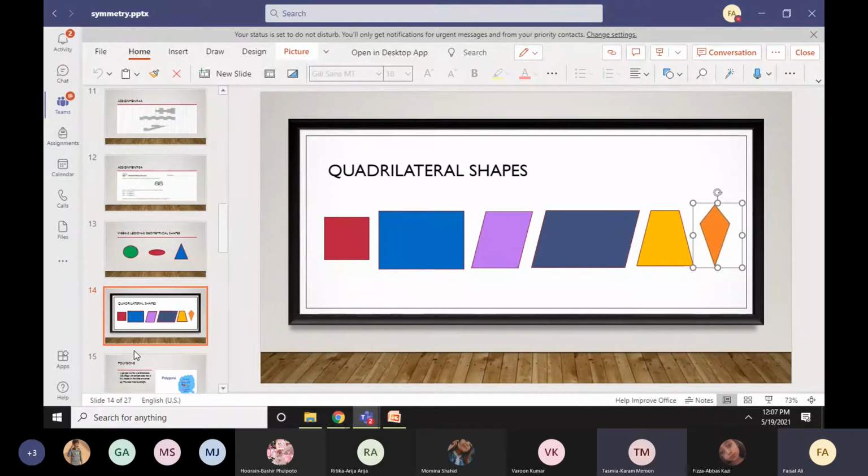Sir, what do we call the third one? The third is rhombus. This is called rhombus. Okay. Now it's clear.